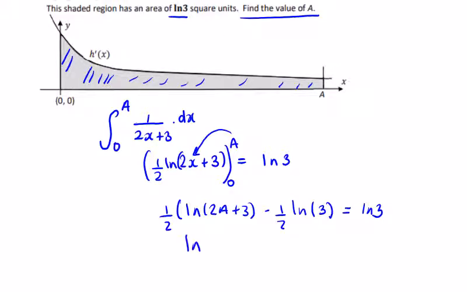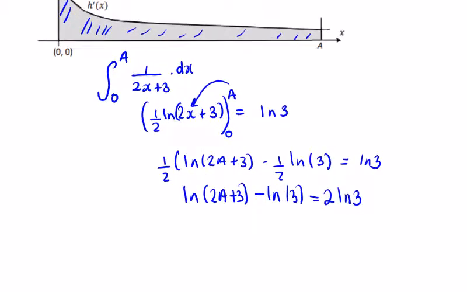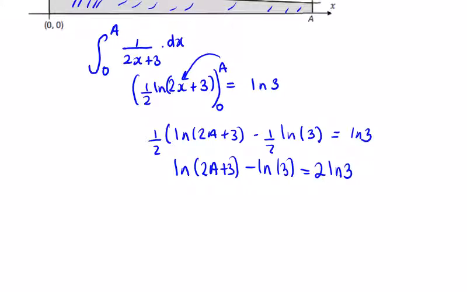Multiply by 2 to get the natural log of 2a plus 3 minus the natural log of 3 is equal to twice the natural log of 3. On the left we have the difference of two logs, so we're going to get the natural log of 2a plus 3 over 3.